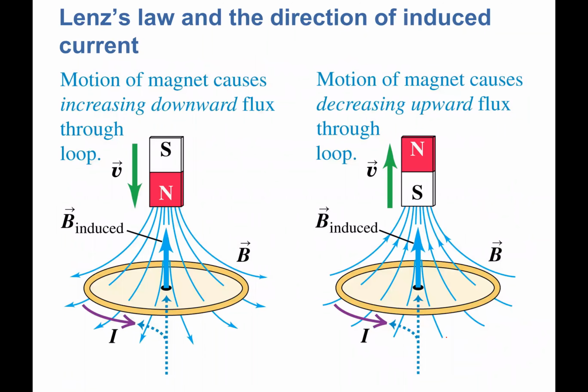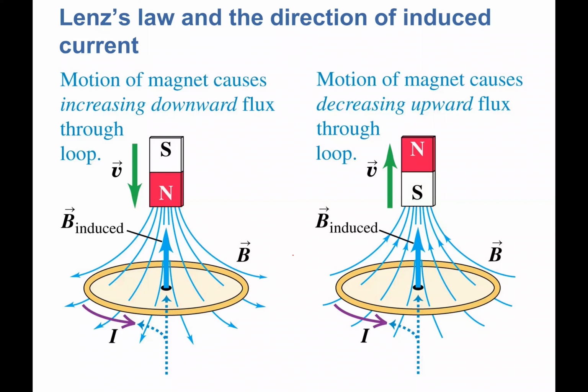All right, so then you can understand why, whenever you were moving a magnet upward or downward relative to the primary coil, which was the very first experiment that we looked at from Faraday, when you're moving the magnet toward the primary coil or away from it, you get different directions for the current.